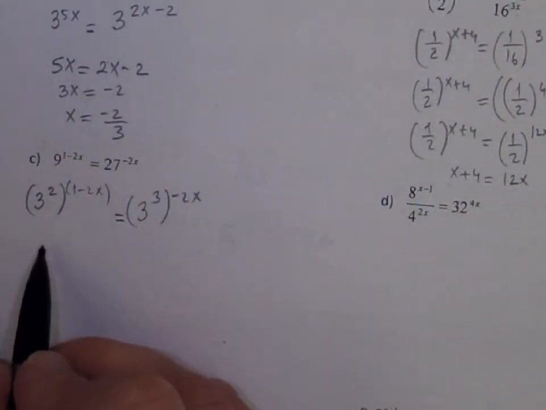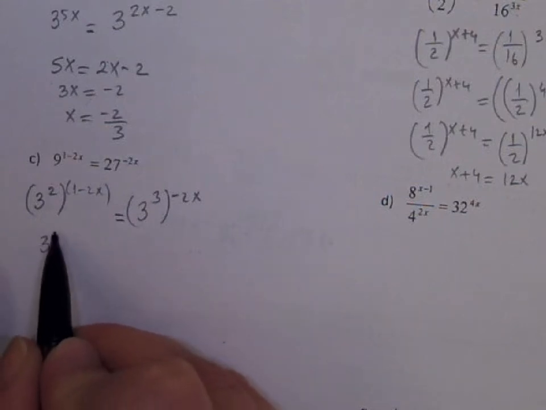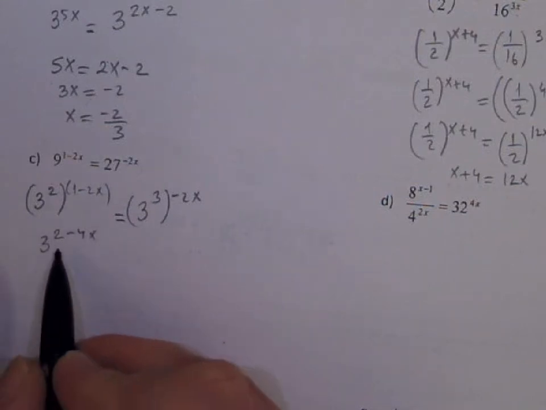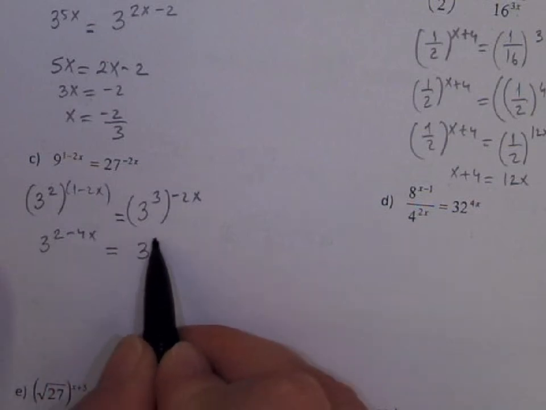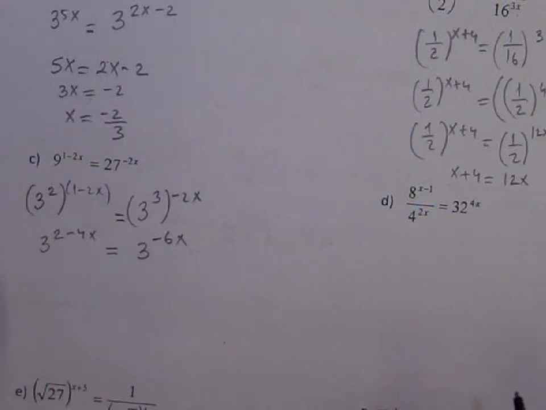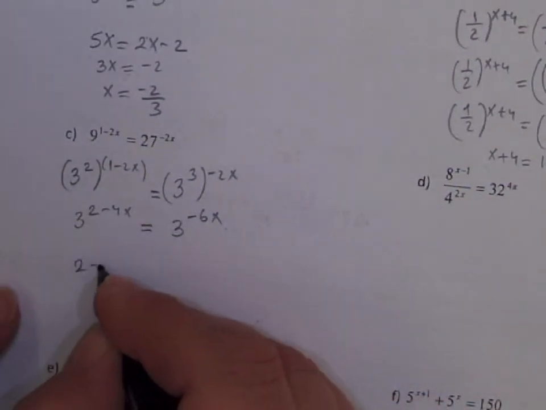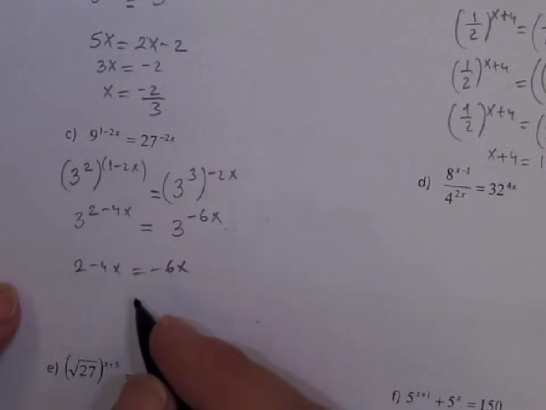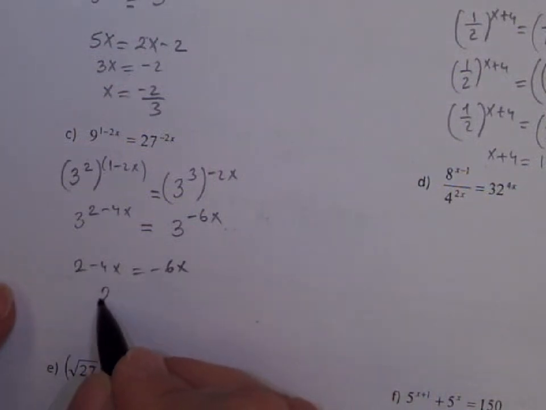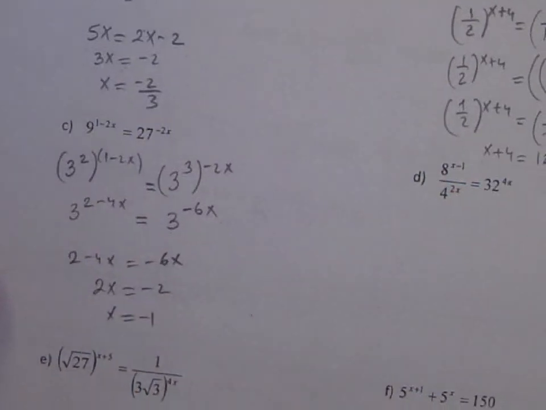So you have 3 to the power of 2 minus 4x equals 3 to the power of negative 6x. So 2 minus 4x equals negative 6x then. So 2x equals negative 2. We get x equals negative 1.